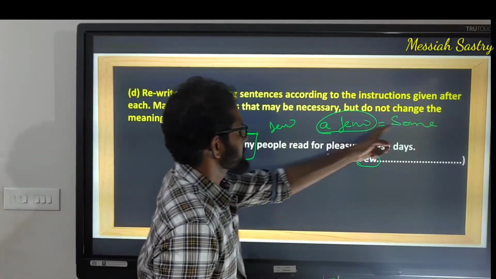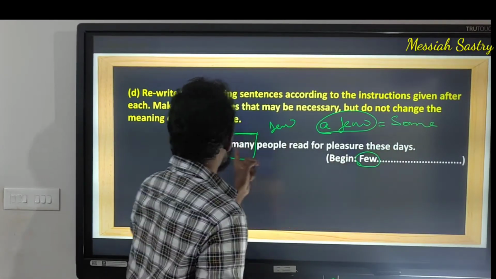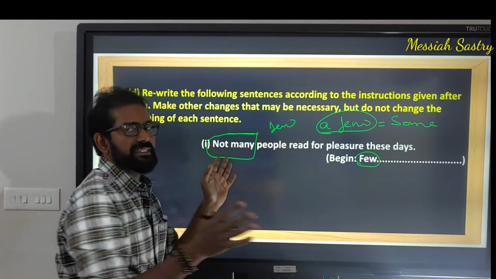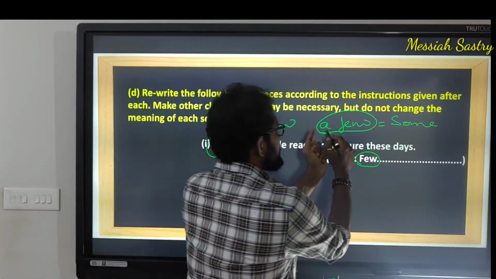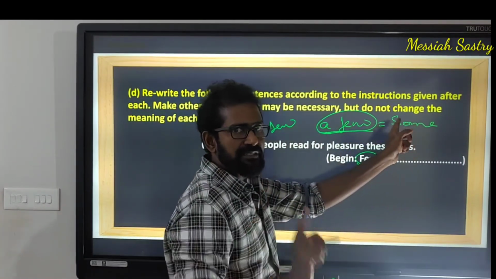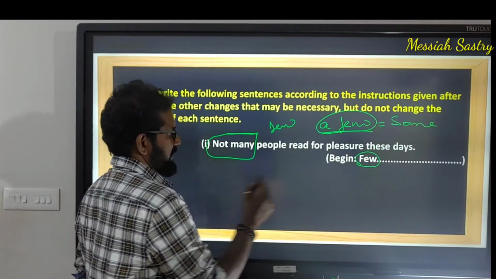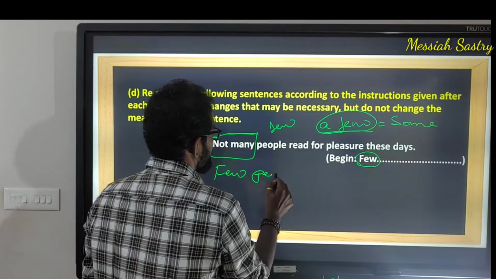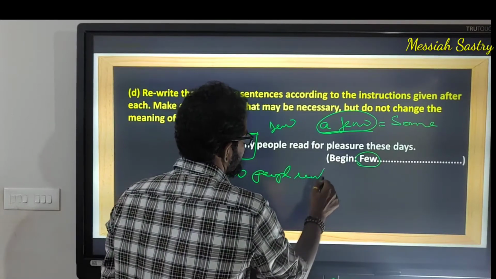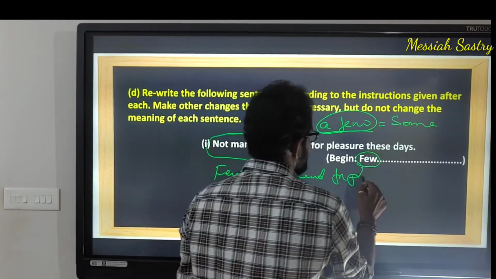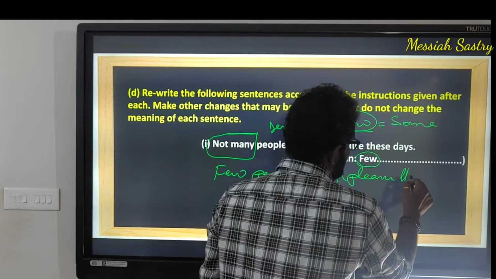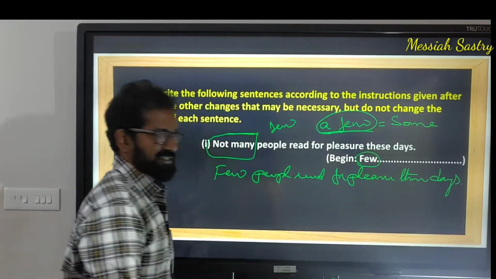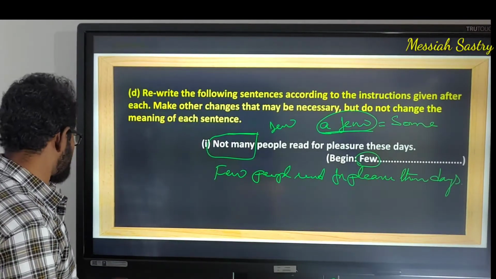Few means not many, and it indicates a negative. A few indicates a positive. Not many, so simple answer: Few people read for pleasure these days.